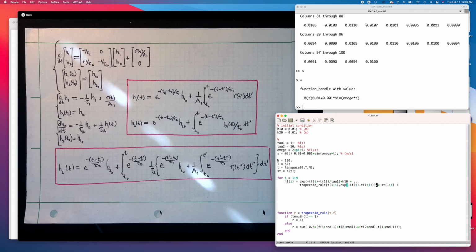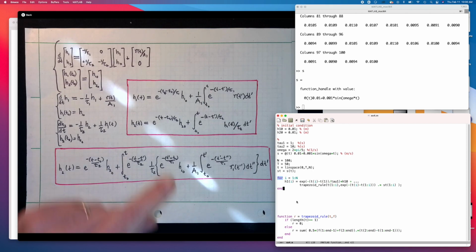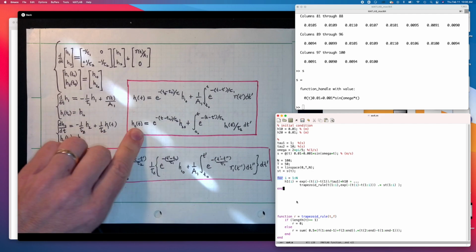Parenthesis, parenthesis, that's good. And s. And the trapezoid rule. Then my semicolon. End. All right, and this will give me the value of h1 at the 100 points between 0 and 50. And then if I know h1, I can now do this integral.